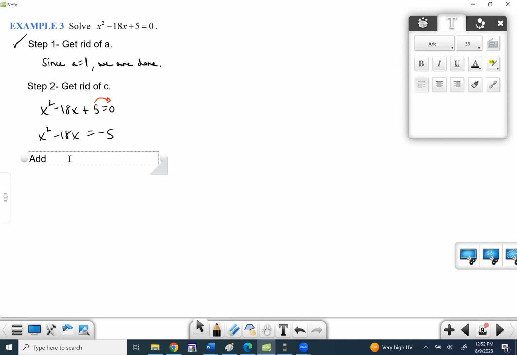Add blah, blah, blah to both sides and factor. Yeah, and I'll write in 1/2 b squared. All right. Oh, I didn't put step 3. Oh no. Okay, I'll just rewrite it.